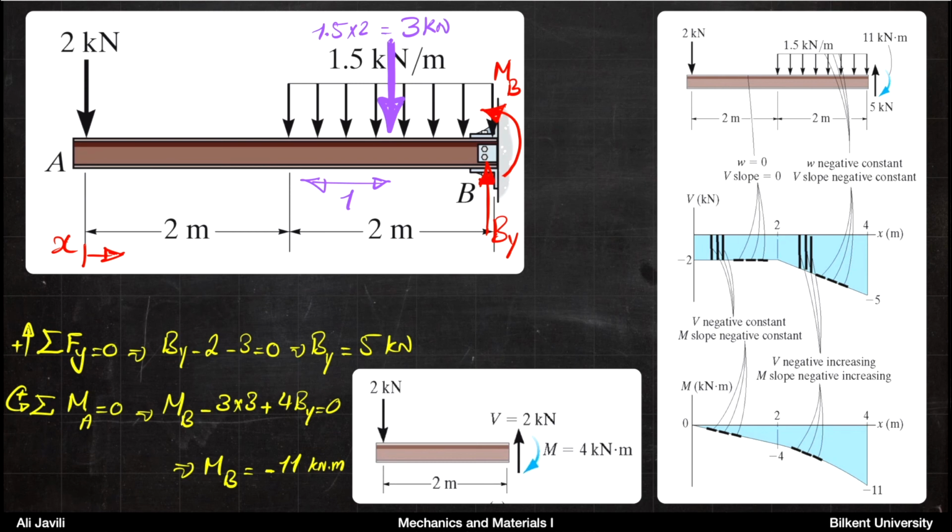The shear force at any point between A and the center is -2, always constant, because you have just 2 kilonewton downwards.